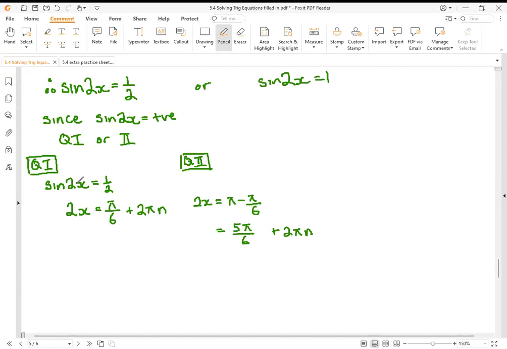Since the angle that we're dealing with is 2 times x, x will then be pi over 12 plus pi n. X for quadrant 2 will be equivalent to 5 pi over 12 plus pi n.